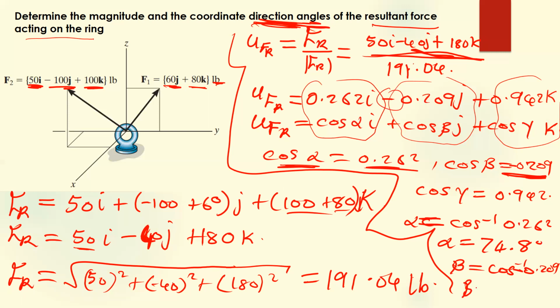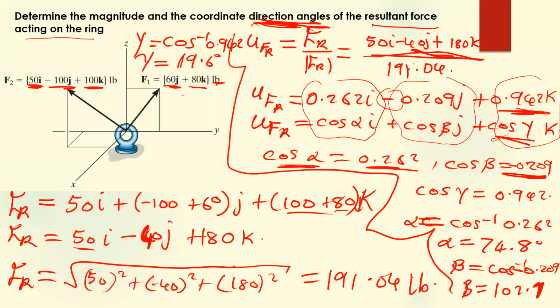So our beta becomes 102.1. Gamma is also found in the same way. We say cos inverse of 0.942, which is 19.6 degrees.